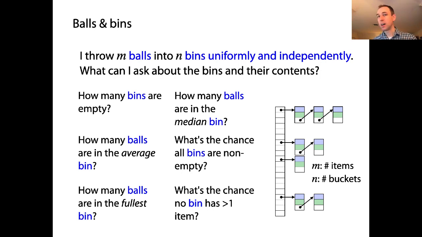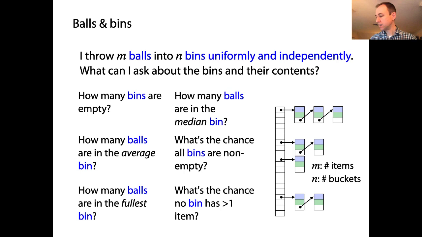So there you go. Highlighted in blue is all the changes that I had to make. But I think it's pretty clear that the questions being asked here correspond exactly to the questions we were asking before. We're just putting the model of the balls and bins on top of the hash table.